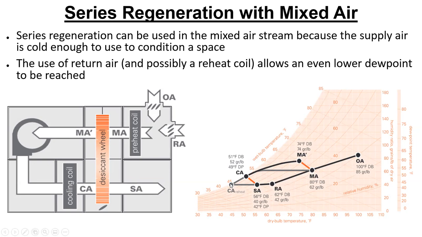To get the moisture level down, we have to go to 45 degrees. And then guess what? We have to reheat. So we would go across a heating coil to heat it back up to the same point, because that's the point we want to go into the space. That compares and contrasts the traditional way with this desiccant wheel approach.